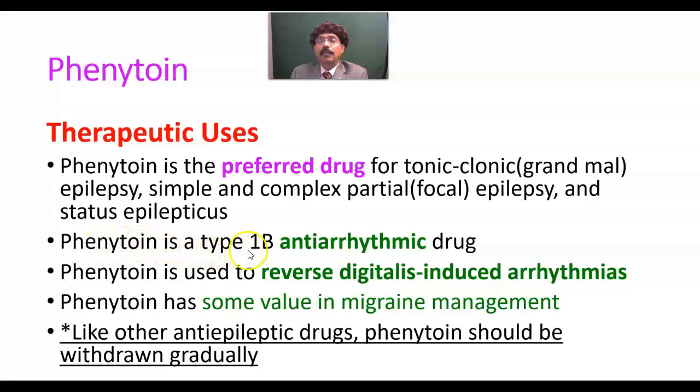Phenytoin is a type 1B antiarrhythmic drug, because it is used to reverse digitalis-induced arrhythmia. Phenytoin also has some value in migraine management.